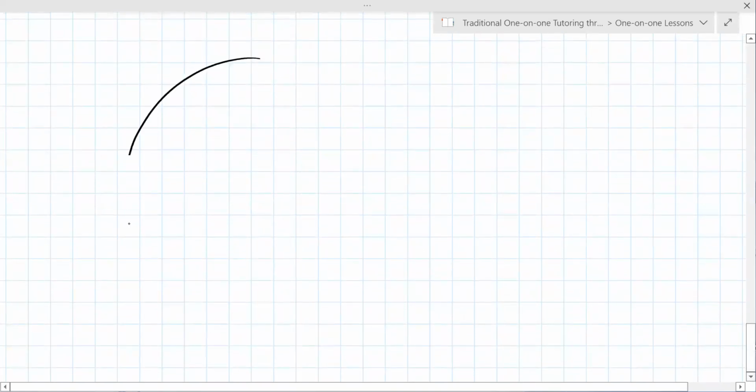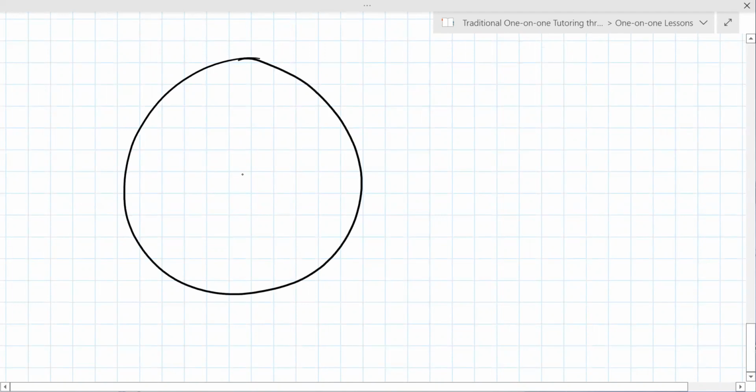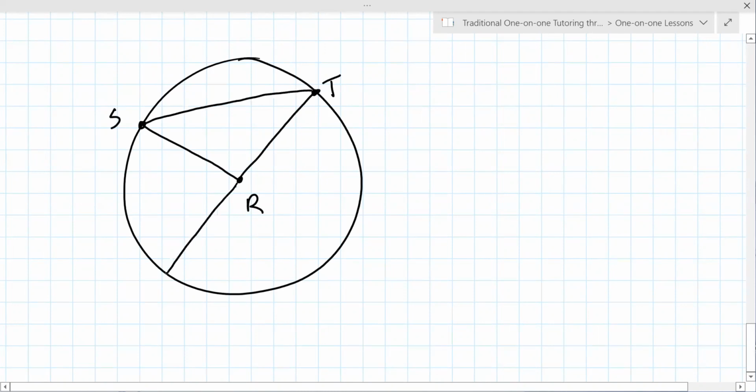Okay, so let me draw a circle. The center is R. This is point T. This is point S. I'm going to connect S to T. I'm going to go here to H. Now I'm going to ask you some questions off to the side here.